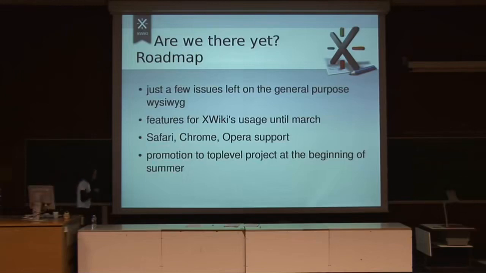And we plan, at the beginning of the summer, to promote this project as a top-level project to externalize it out of the XWiki code base and have it available for the community, fully as a standalone WYSIWYG editor. Right now, it is built with this in mind, but it's not really quite there. We have a little bit of work.